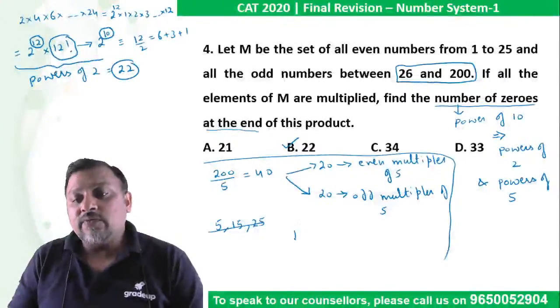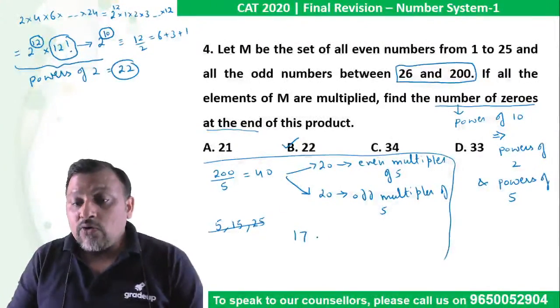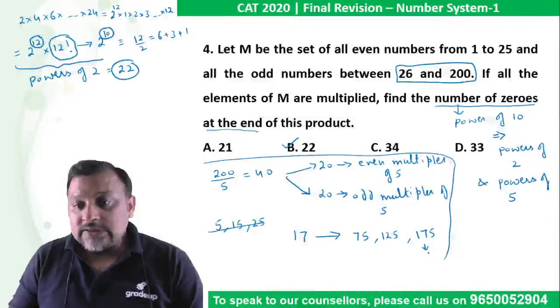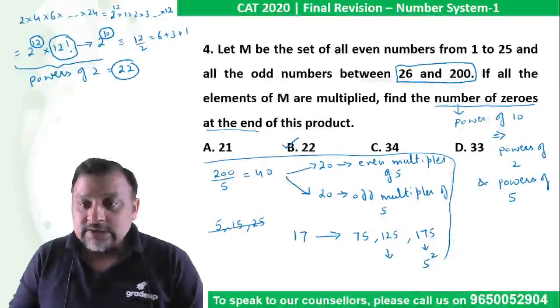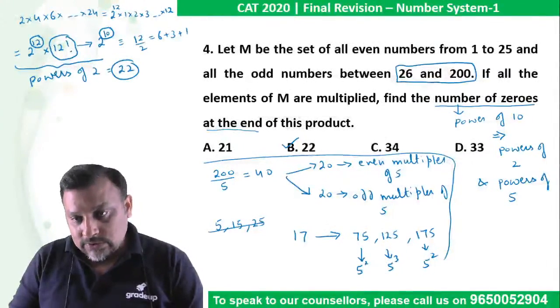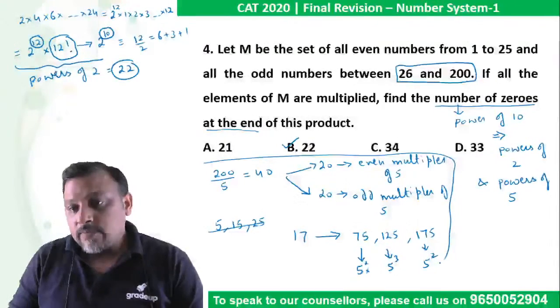So that means I am left with 17 multiples, and out of these 17 multiples, there is 75, 125 and 175. So this is 5 square, this is 5 cube into something, and this is again 5 square into something.